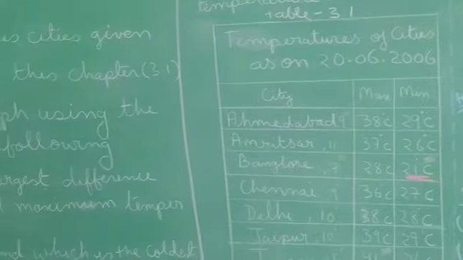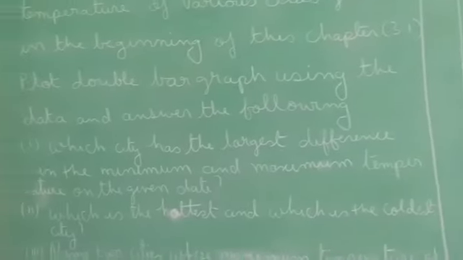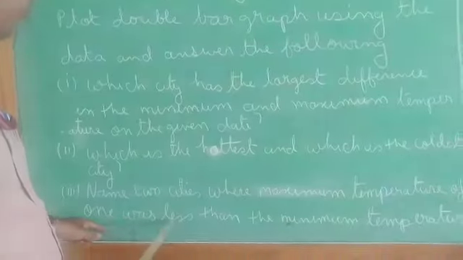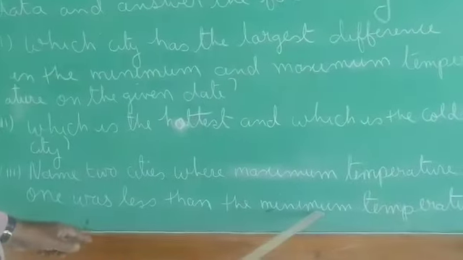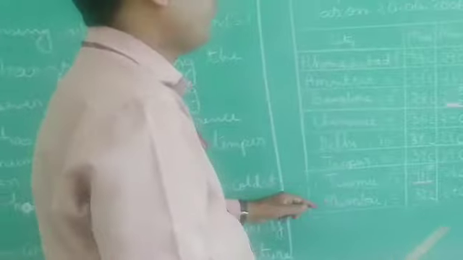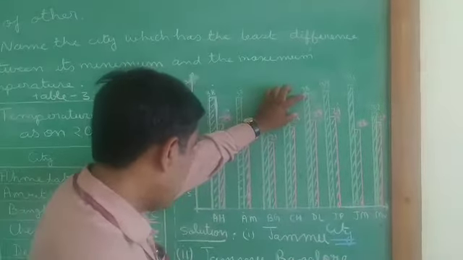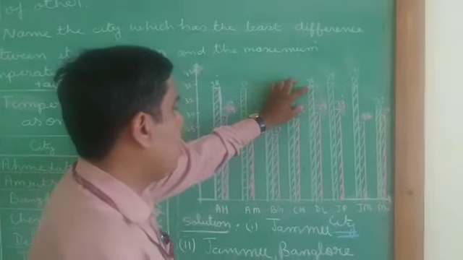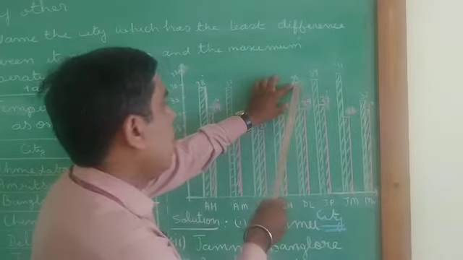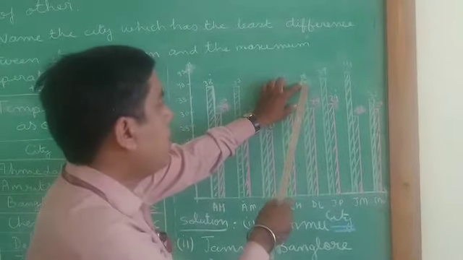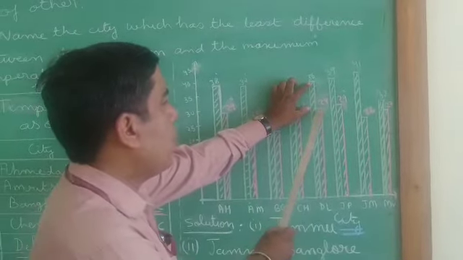Now, second, name two cities where the maximum temperature of one was less than the minimum temperature of the other. I have given the answer here: Bangalore and Jaipur. Bangalore, what is the temperature here?